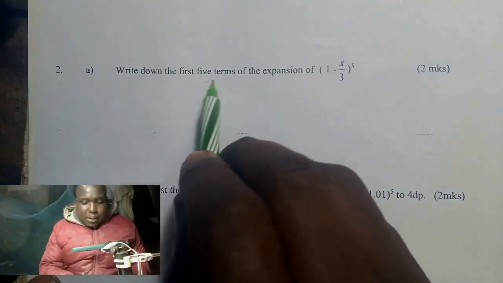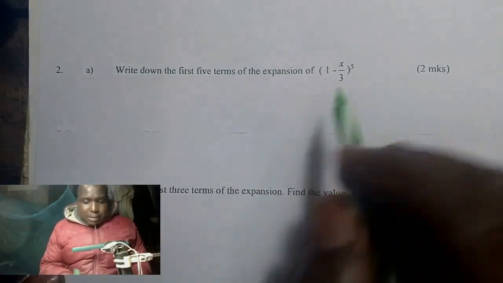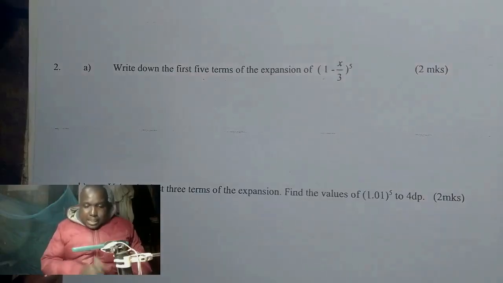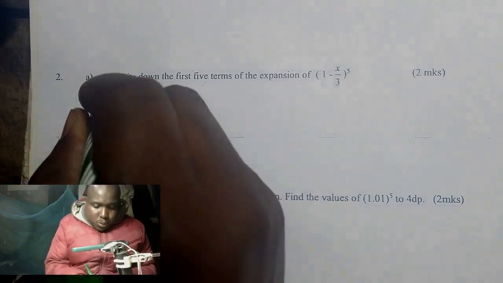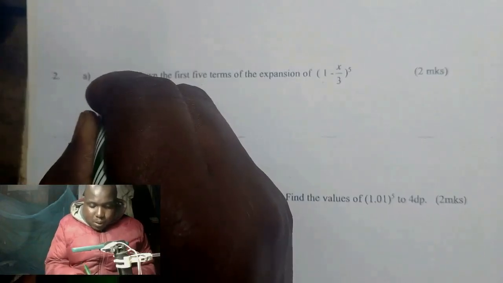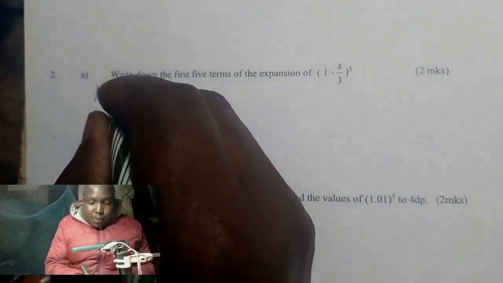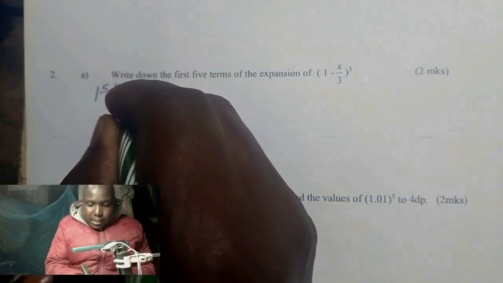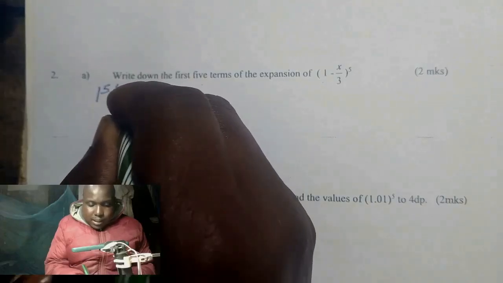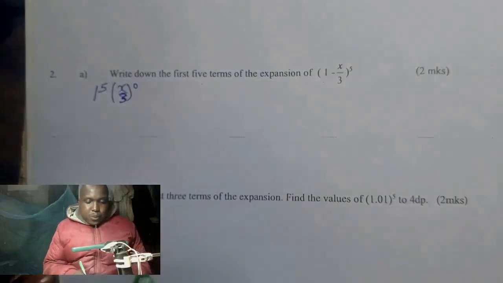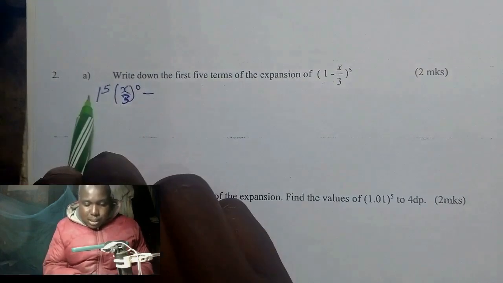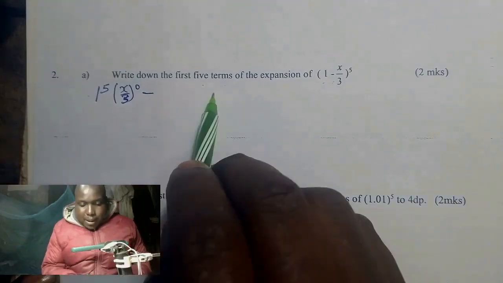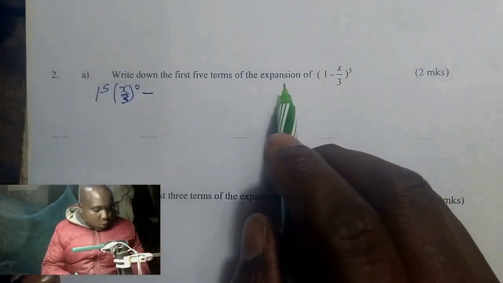Write down the first 5 terms of the expansion of this one. When you expand, you start with the first term, which is 1 raised to power 5. Then the second term, you open bracket, x over 3 raised to power 0. Because it is subtraction, we start with positive, minus, positive, minus, as it moves on.